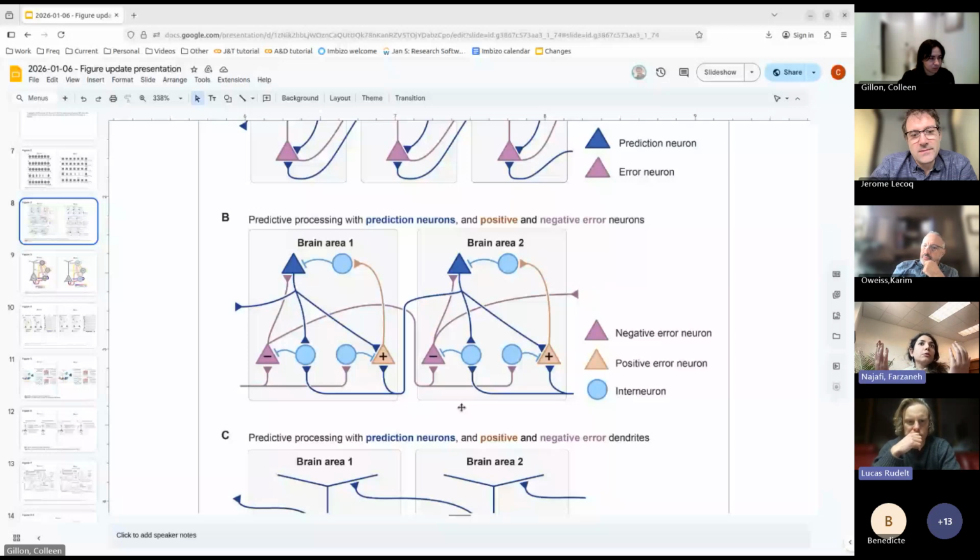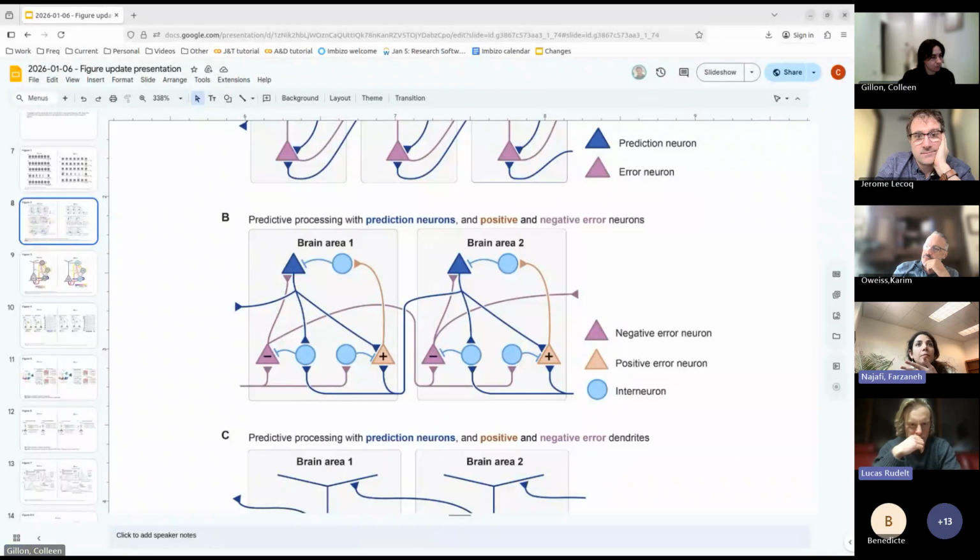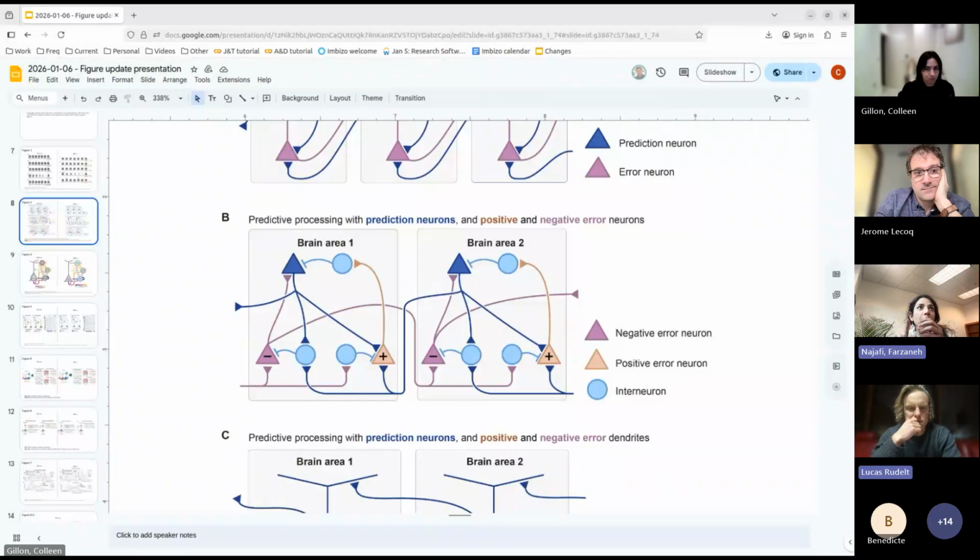So I'm proposing two options. One is that we just have a full diagram and we put the arrows for the positive neuron inter-areas back, and we sacrifice how decluttered the diagram is. The other is that if we're going for a decluttered diagram, then we just keep the inter-area connections of errors updating the internal model, and we remove the within area.